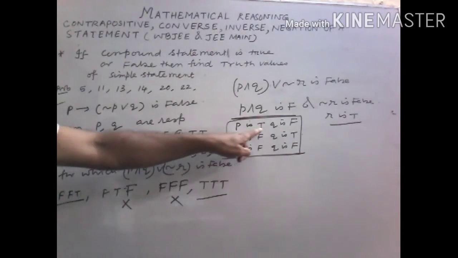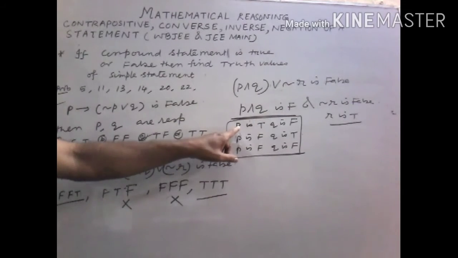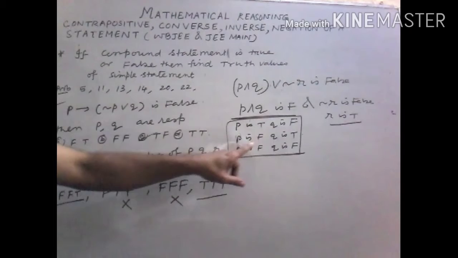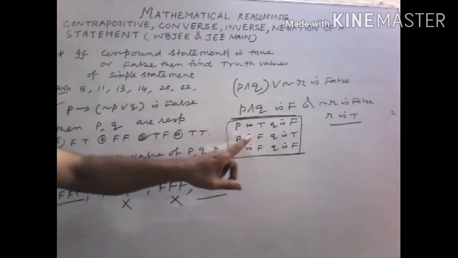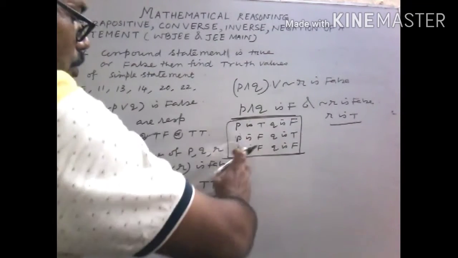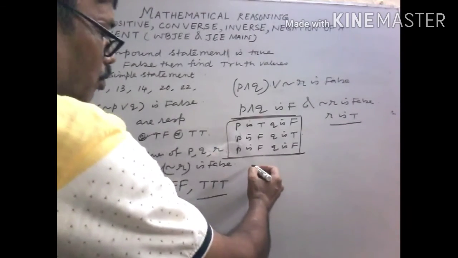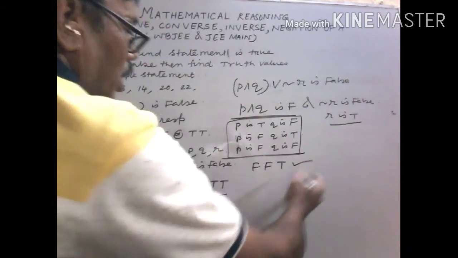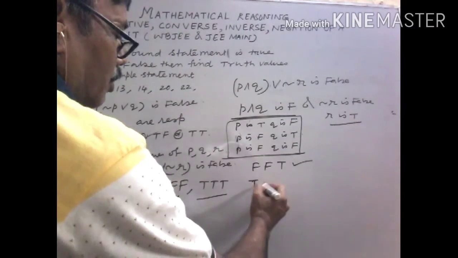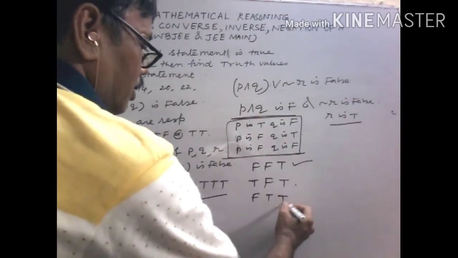Now is P true or false? TF with R true is a possible option, FT is a possible option, and FF is a possible option. So we get FFT, TFT, and FTT.